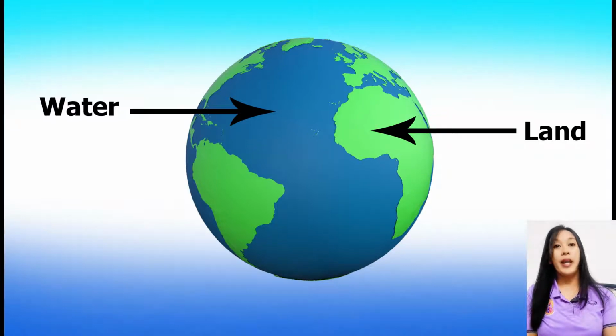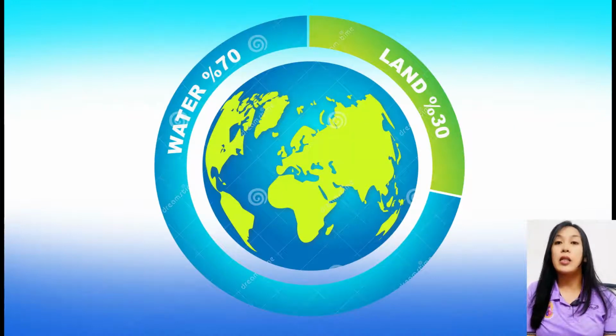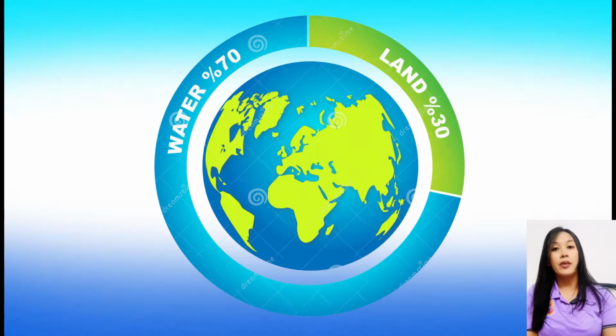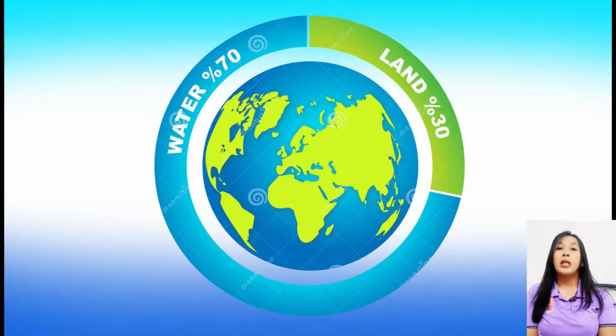So the biggest area in the surface of the earth is filled up with water. Actually, 70% of the earth's surface is water and 30% is land. So only 30% of the surface of the earth is land. The rest is already water.